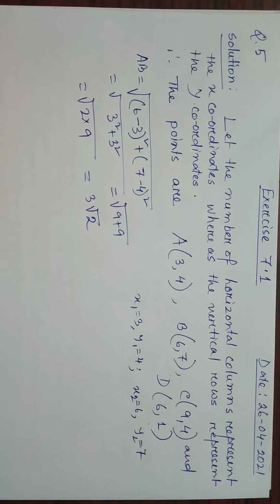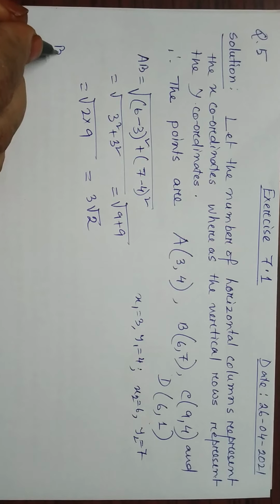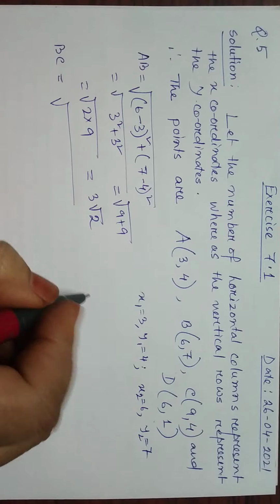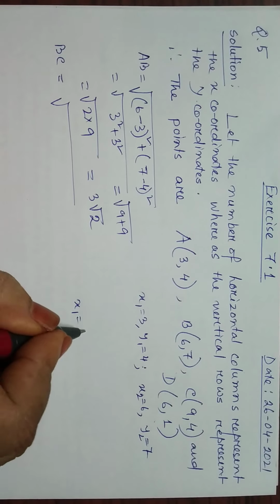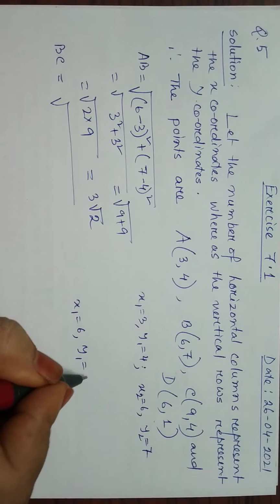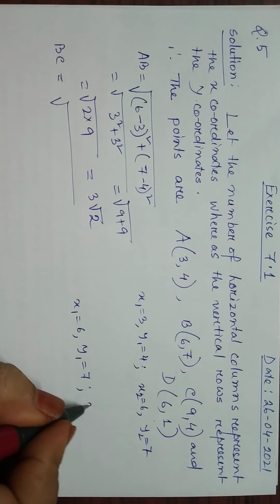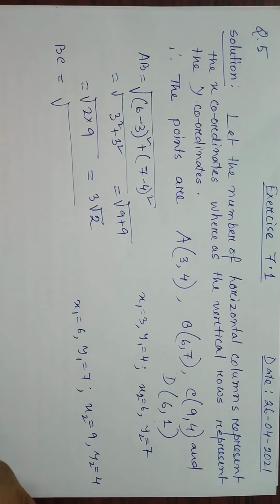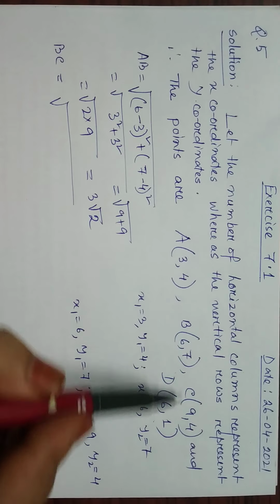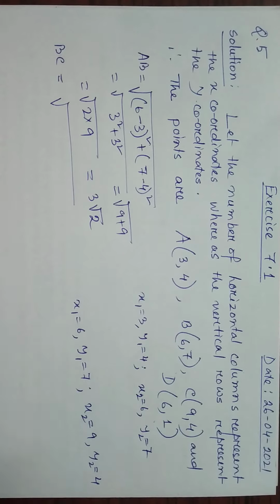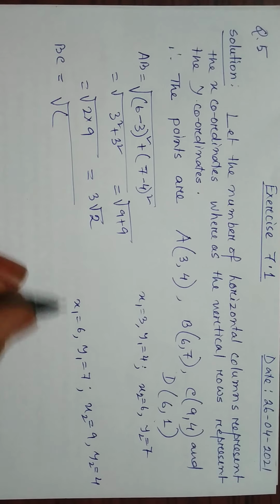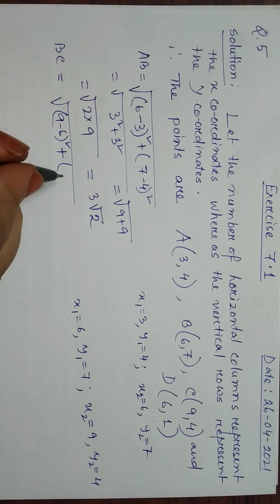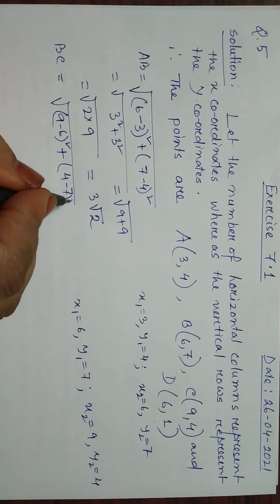Next BC. Here B: x1 is equal to 6, y1 equal to 7, and x2 is equal to 9, and y2 is equal to 4. Therefore 9 minus 6 whole square plus 4 minus 7 whole square.